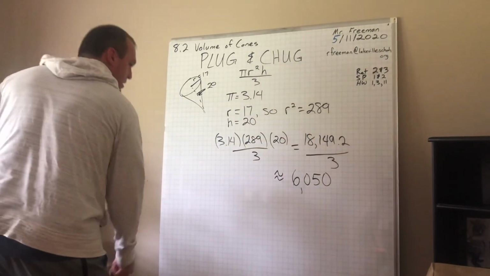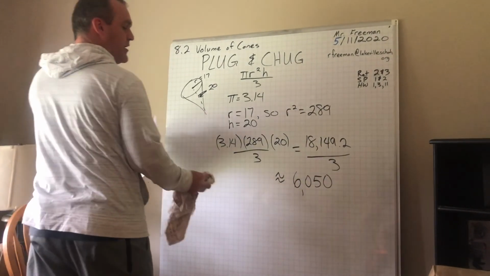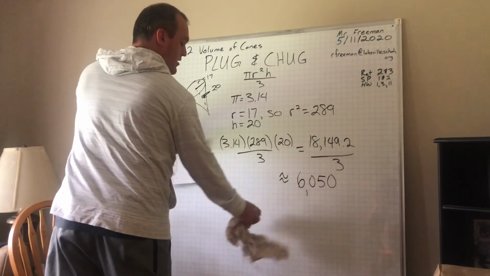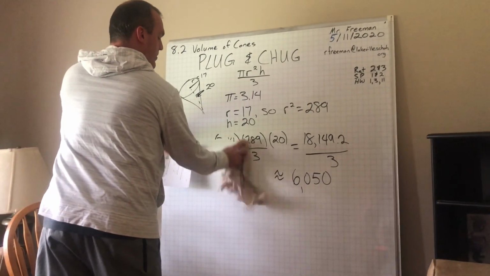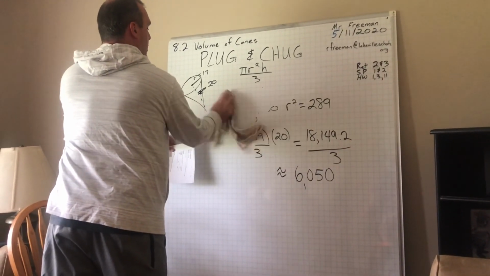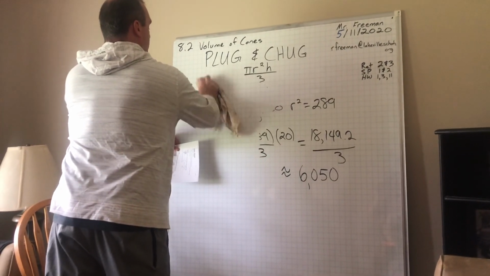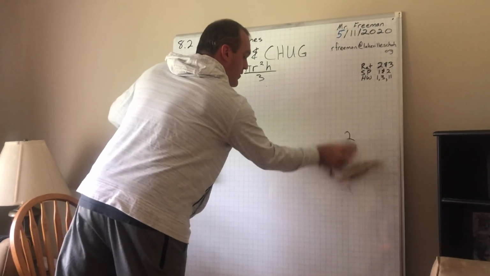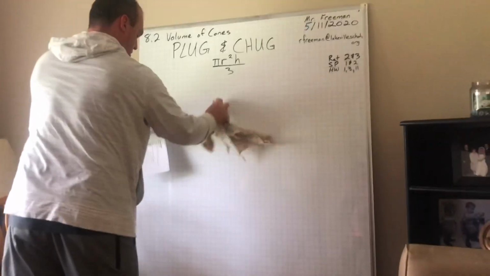So don't worry about it being 1 or 2 points off. You're in the right direction if you're right there. Like I said, my answer is 2 off. They said 6,052, and that's okay. It'll be okay to have it that far off. Just don't be way off, forgetting to square your r, forgetting to divide by 3, those types of things.